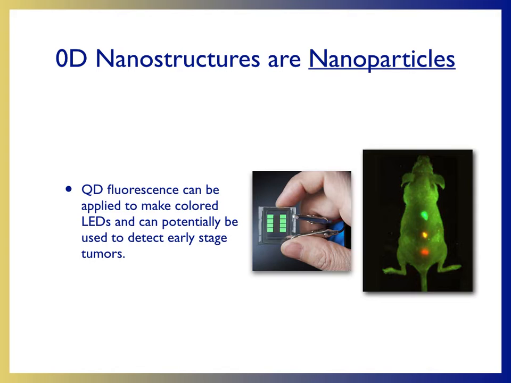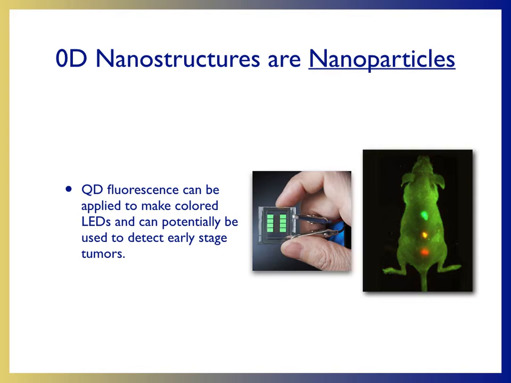One research application is to use quantum dots to detect tumors in patients. The study has been confined to mice only, but the idea is to feed the mouse or human patient a sample of quantum dots that aggregate in cancerous tumors.